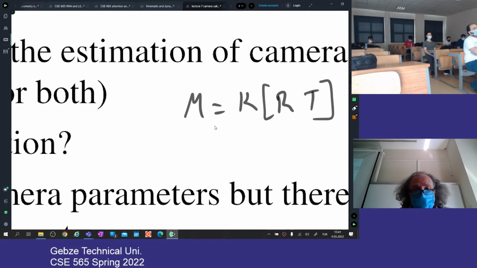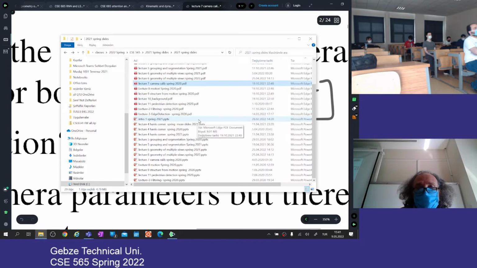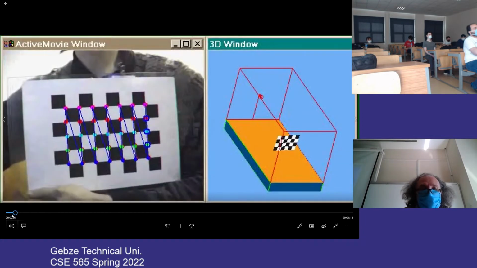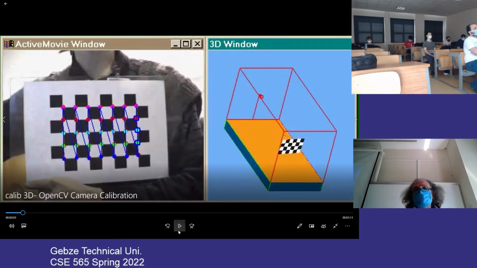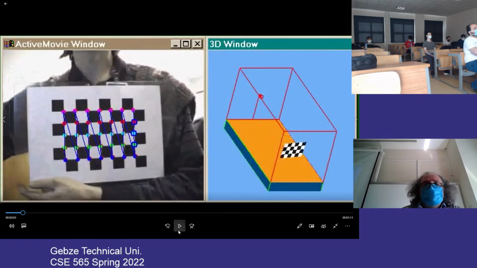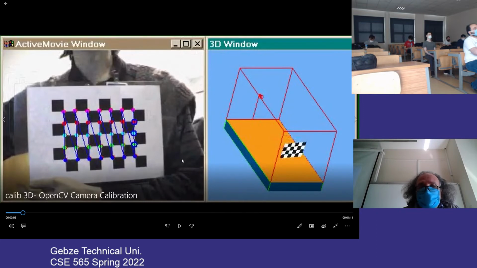And in fact, let me show you this. Somebody did this demo. It's a nice demo. This guy previously got his camera's intrinsic parameters, and now he is doing this live demo. He shows this calibration pattern to the camera.